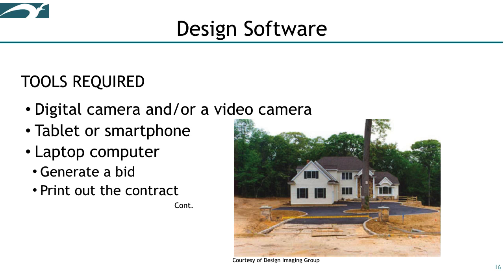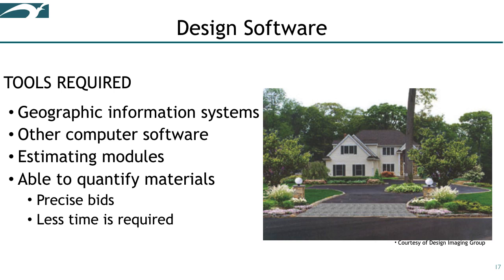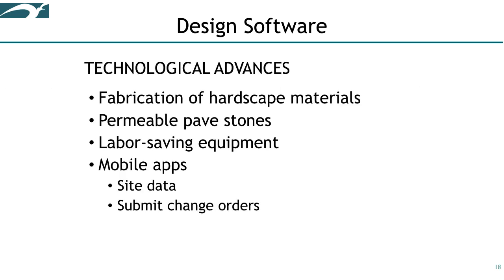You do not lose out on what you need. These design software programs are great tools because they get the GIS information to you quickly. Other computer software helps you estimate the modules. They're able to quantify materials and give you precise information for the bidding system, and less time is required, so you can get your job done quickly.